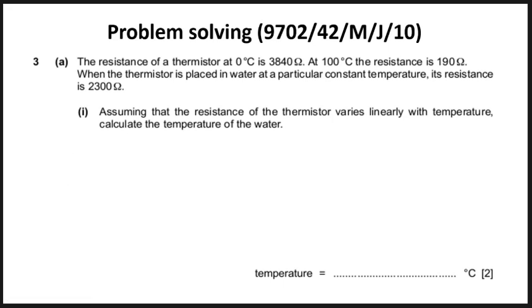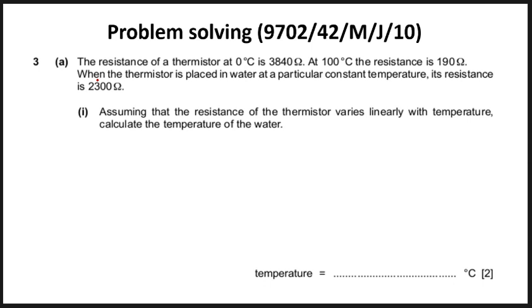The question says that the resistance of a thermistor at 0 degrees Celsius is 3840 ohm. Then at 100 degrees Celsius, the resistance is 190 ohm.